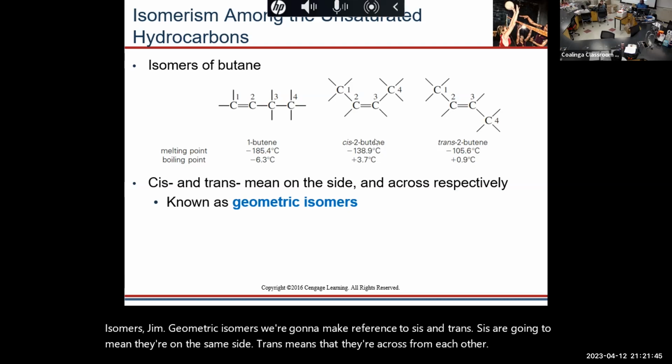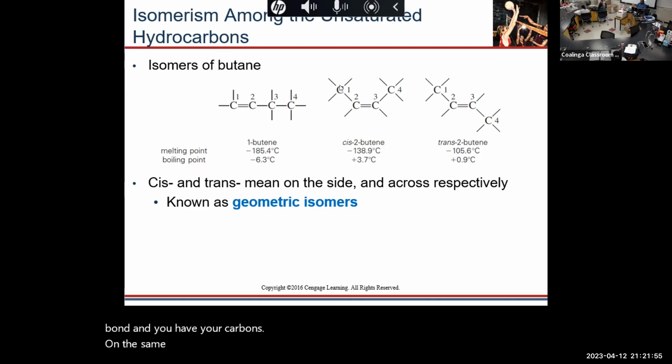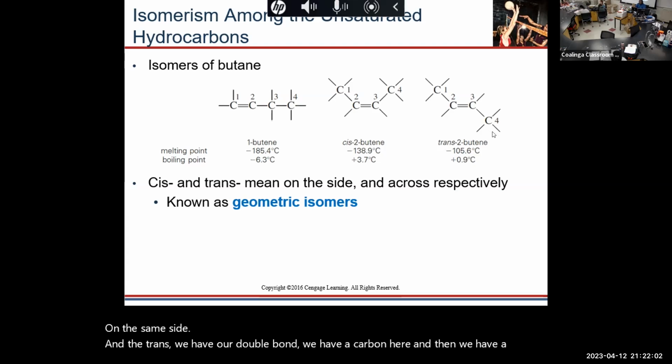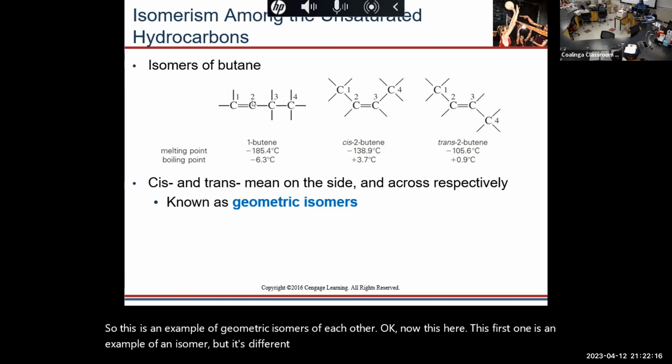Okay, so if you take a look here, this first one is an example of a cis. You have your double bond and you have carbons on the same side. In the trans, we have our double bond, we have a carbon here, and then we have a carbon across. So this is an example of geometric isomers. Now this first one is an example of an isomer, but it's different because of the location of the double bonds. They behave differently.